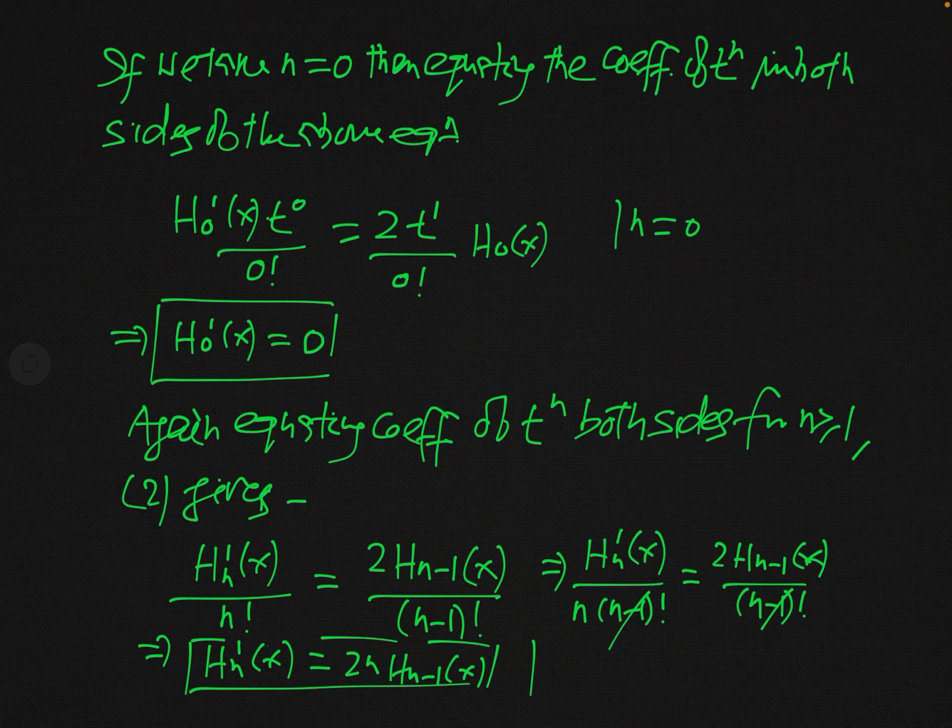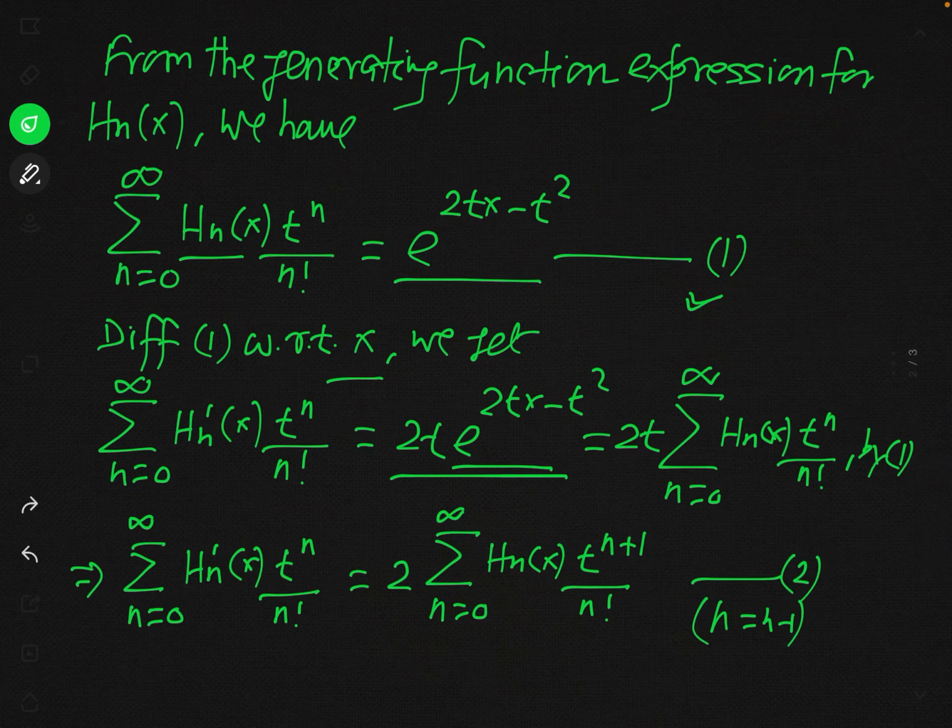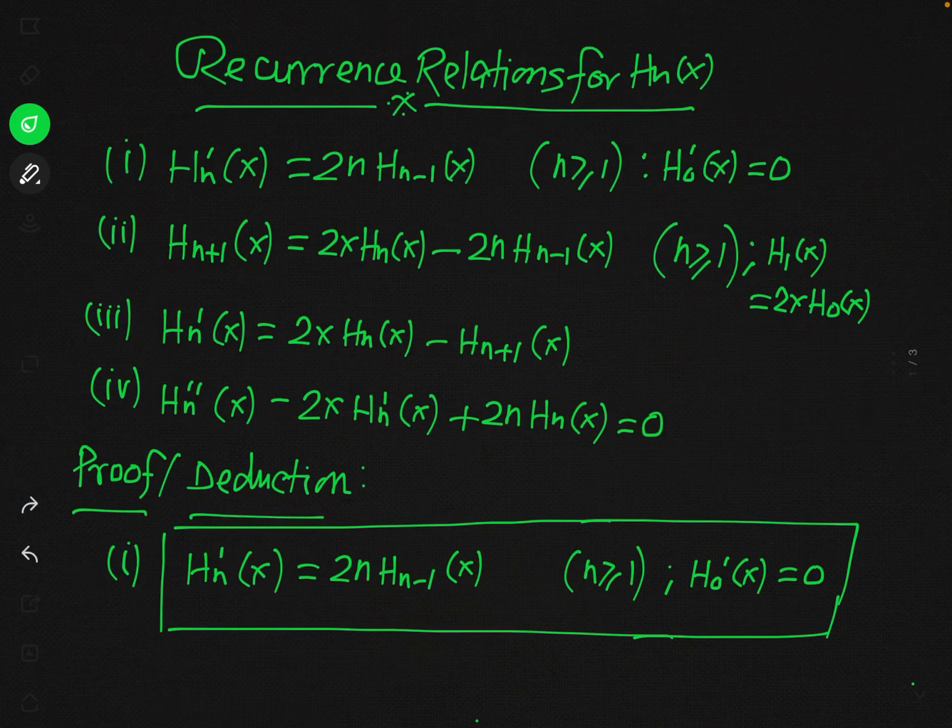Now we will see what is the second recurrence relation. So first of all, I am mentioning the second recurrence relation, and then we will prove it. This is Hn plus 1 of x equal to 2x Hn of x minus 2n Hn minus 1 of x, and this result holds when n is greater or equal to 1.